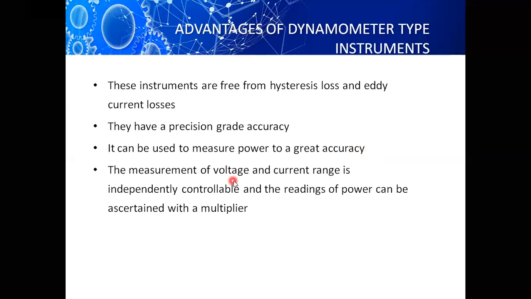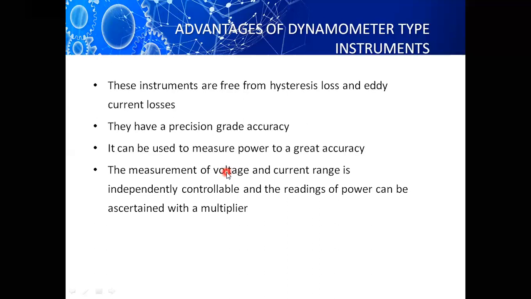The measurement of voltage and current range is independently controllable, and the readings of power can be ascertained with a multiplier. If we look into wattmeters, we can have different ranges for voltages separately and different ranges for current separately. We have seen that voltage pressure is proportional.